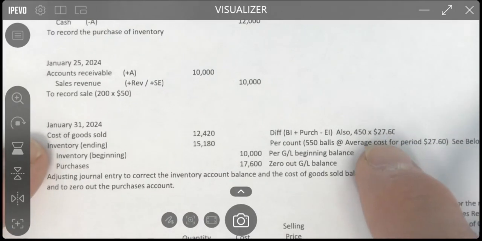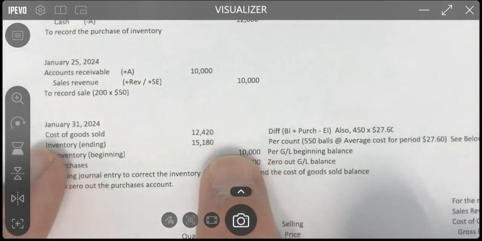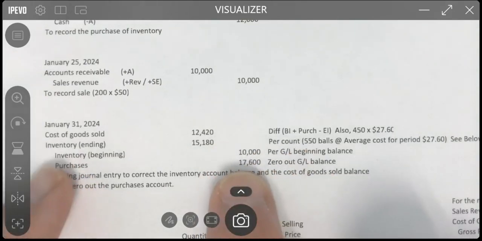The big thing here was the average cost was for the entire month rather than just the average cost since the last purchase when we made a sale and we used the perpetual system. And that is the average cost using a periodic system.